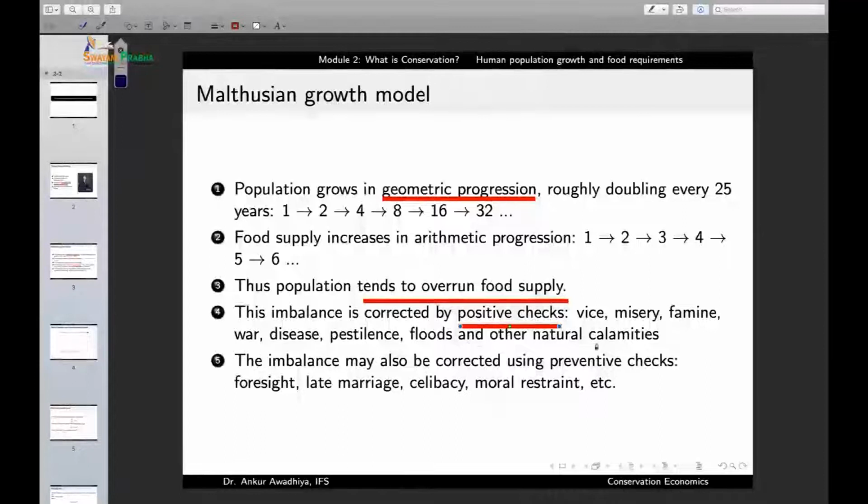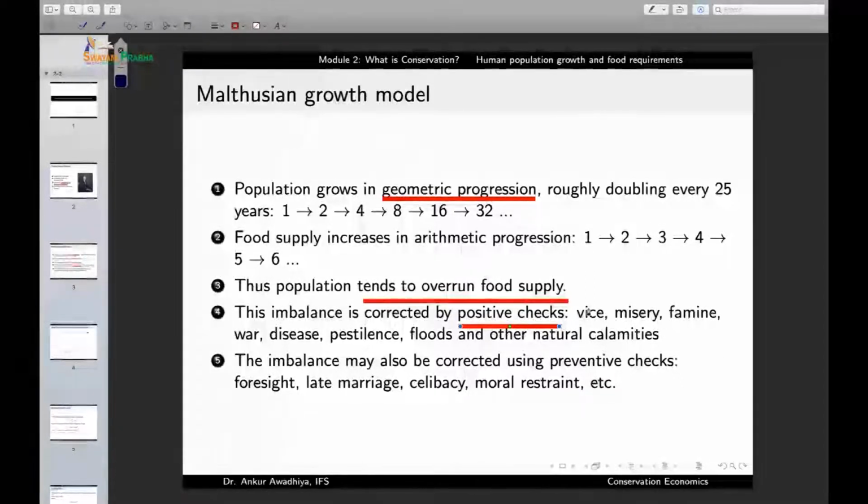Positive checks include things such as vice, misery, famine, war, disease, pestilence, floods, and other natural calamities. So, essentially, what he meant by positive checks are those mechanisms that reduce the size of the human population by acting from outside, but these are mechanisms that we do not consider to be good, such as misery or vice.